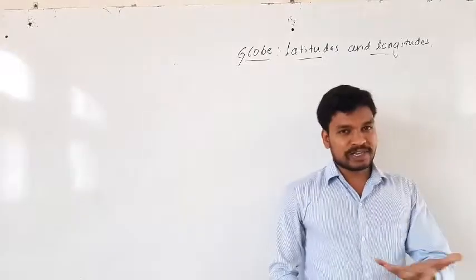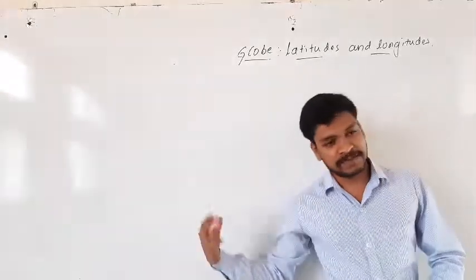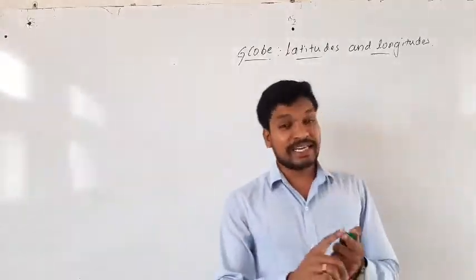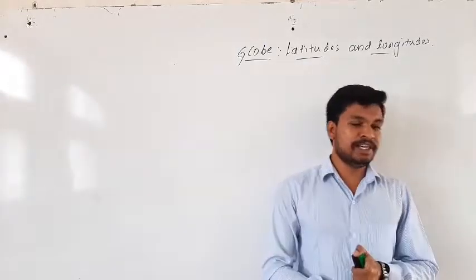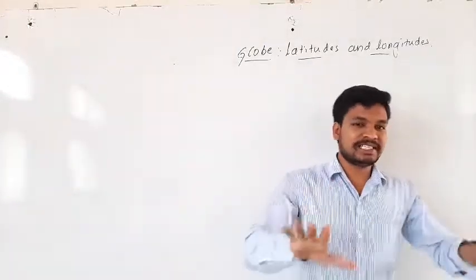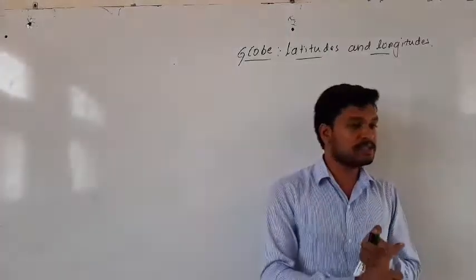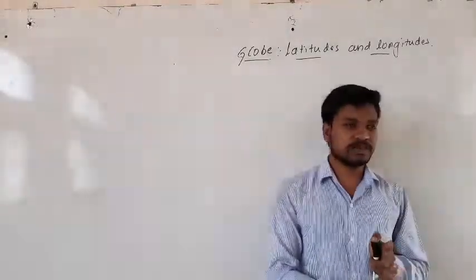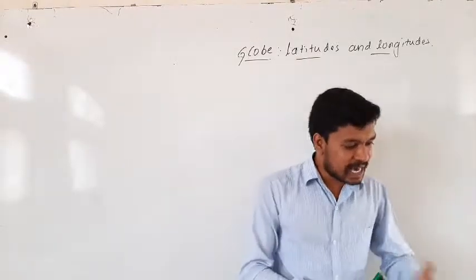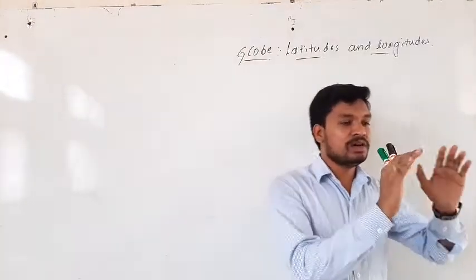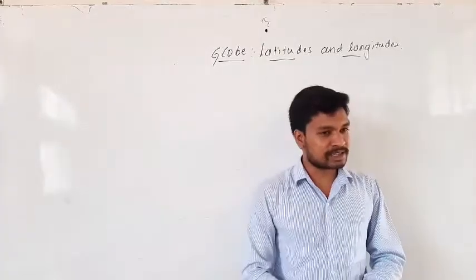So we know the importance of this globe. Last class we discussed that to get knowledge about the places, continents, countries, and water bodies on the Earth's surface, a globe is very important, especially in classrooms. We can carry the globe and get to know the structure of Earth.